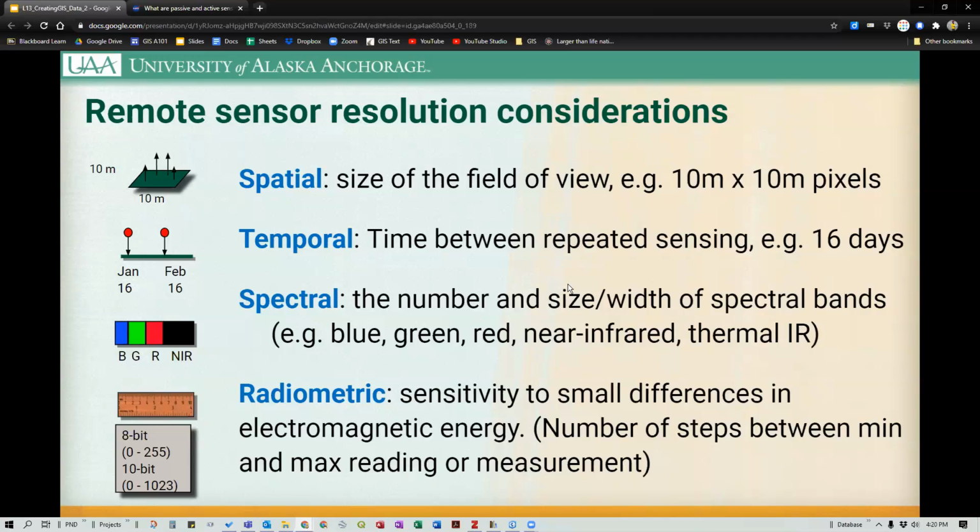So all of these satellite systems are orbiting the Earth at different orbits, different periods. And depending on how their orbits are set up, you may have different availability of data collection over the same area of the Earth at different intervals.